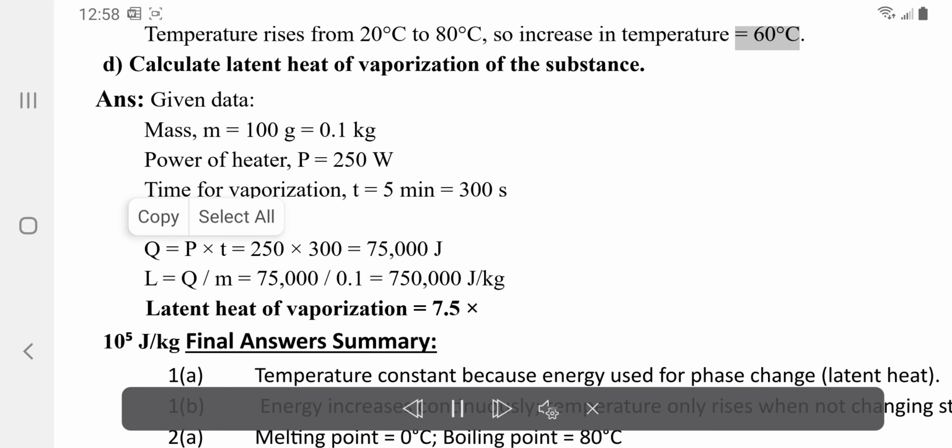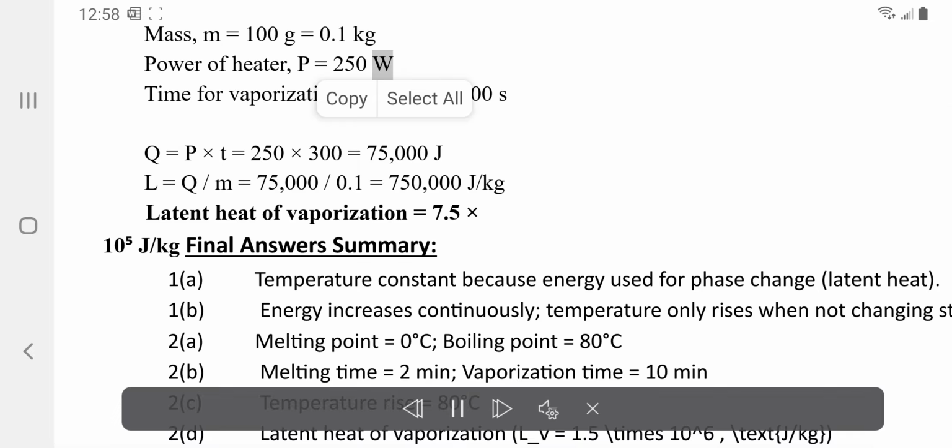degrees Celsius. Calculate latent heat of vaporization of the substance. Answer. Given data. Mass m equals 100 g equals 0.1 kilograms. Power of heater P equals 250 W. Time for vaporization t equals 5 minutes equals 300 s.